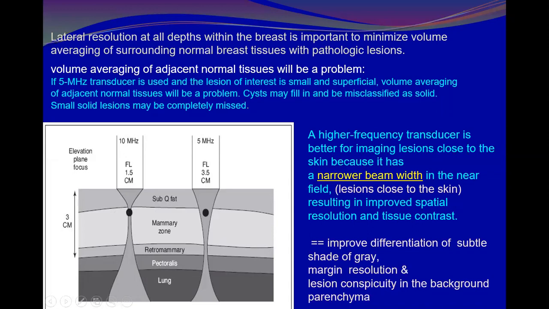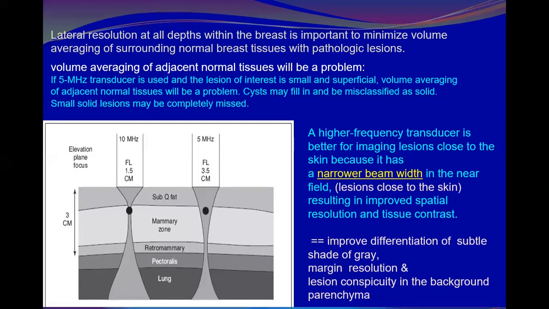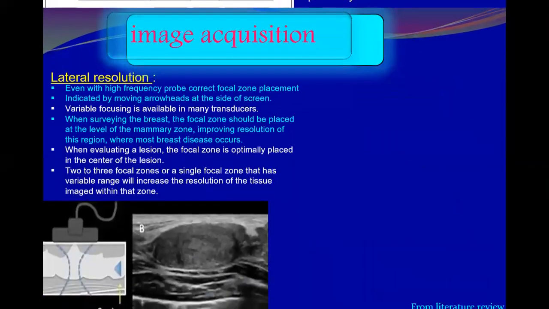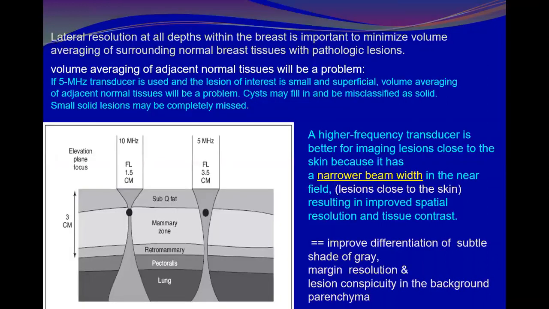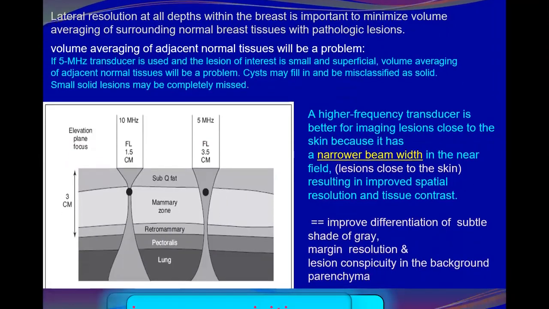So this will improve differentiation between subtle shades of gray and the margin resolution, as well as lesion conspicuity in a background of fatty parenchyma. Also, we call it lateral resolution. What we discussed is the lateral resolution regarding the depth.